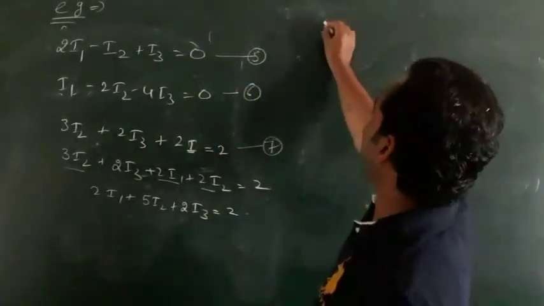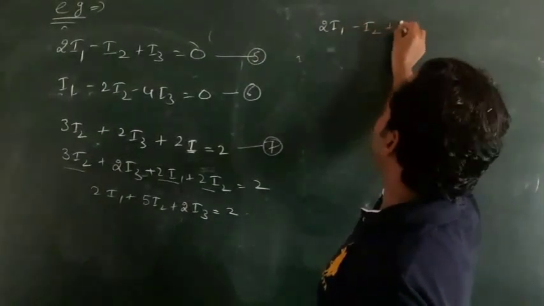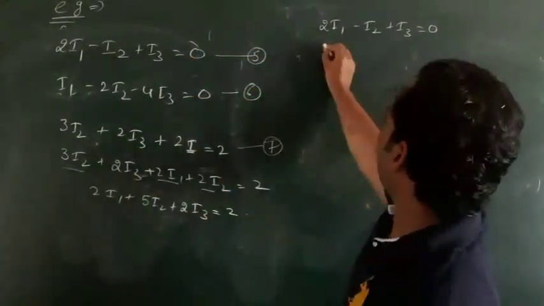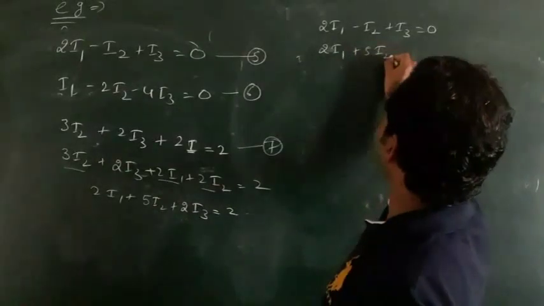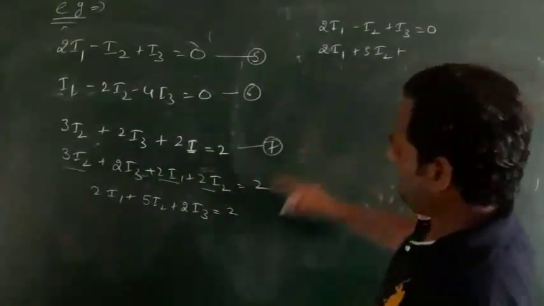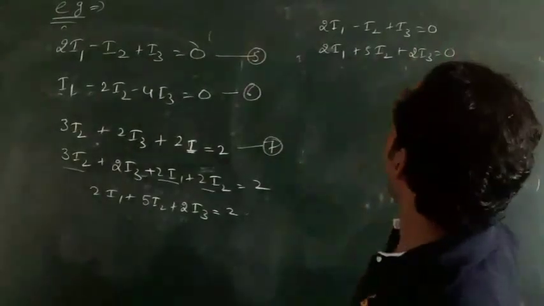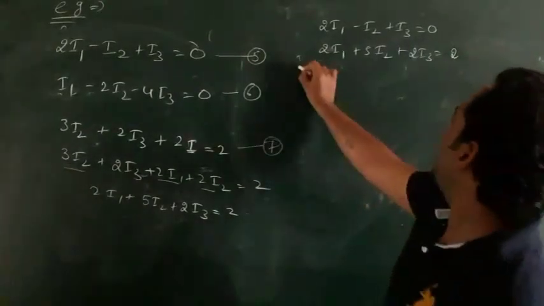So first there is 2I1 minus I2 plus I3 is equal to 0. This is your equation. Here again is 2I1 plus 5I2 plus 2I3 is equal to 0. Sorry, not equal to 0, it is equal to 2. Now we subtract it.